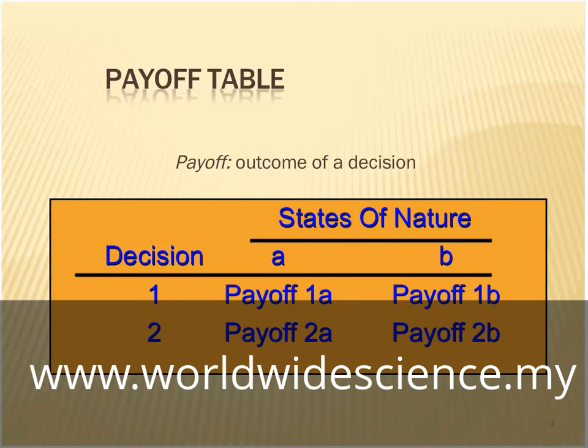In decision 2, for each of the states of nature, the results should be guessed by the operation manager. You cannot calculate the accurate profit. This is the reason you should only guess.